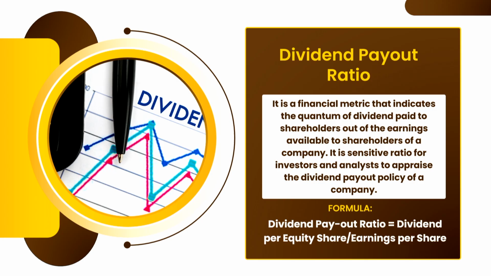Here we are going to establish a relationship between the dividend per equity share and earnings per share. Now, when you talk about the dividend payout ratio, on one hand we are taking the earnings per share, which simply talks about how much net revenue is made available to equity shareholders so far as the earning of the company is concerned.